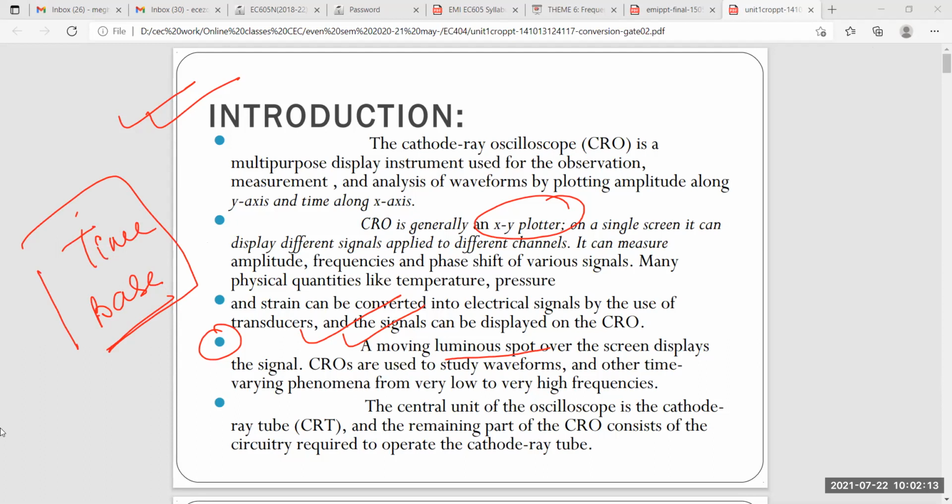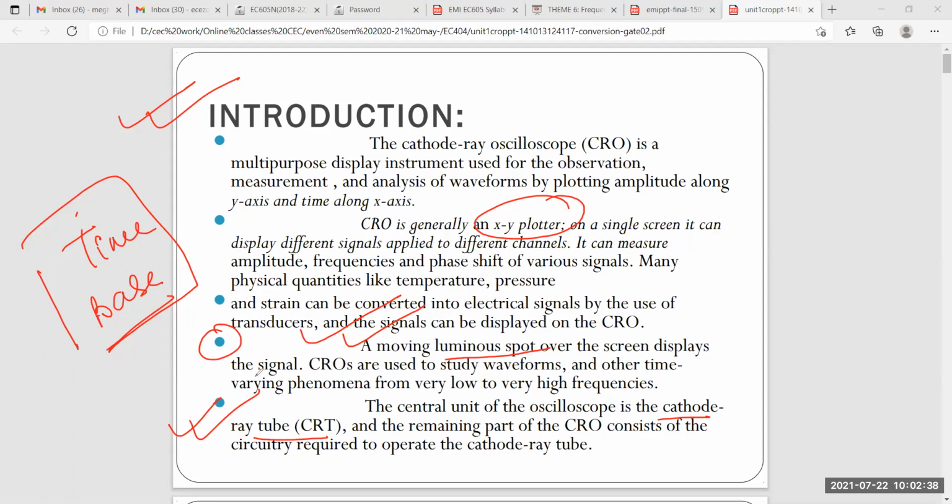Now, in CRO, the main important thing is the CRT. So what is CRT? The CRT is the cathode ray tube. A cathode ray oscilloscope consists of a cathode ray tube, that is CRT, which is the heart of the tube, you can say. And some additional circuits are also present to operate the CRT.